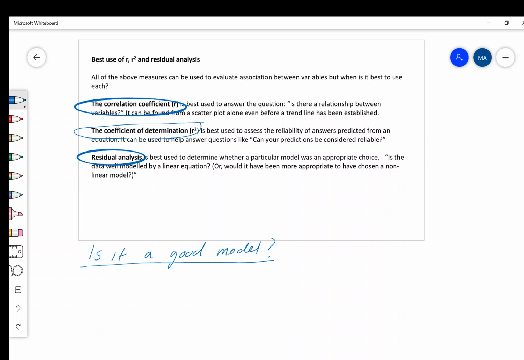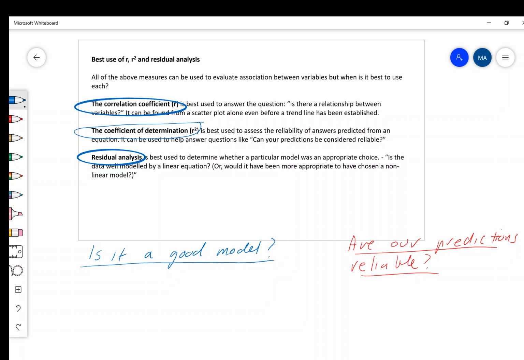And the next question is, are our predictions reliable? All right, and I'm going to discuss which of these we use to determine reliability of predictions and which we use to determine a good quality model.